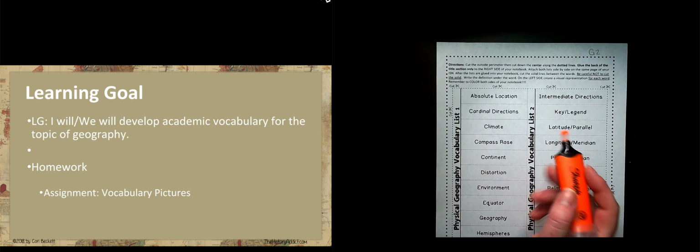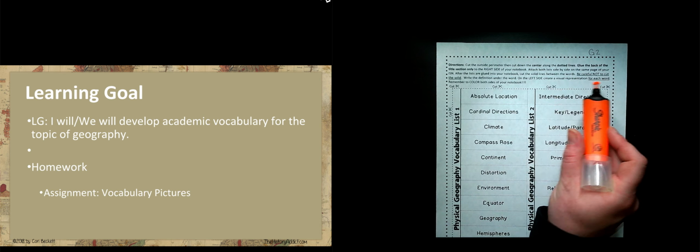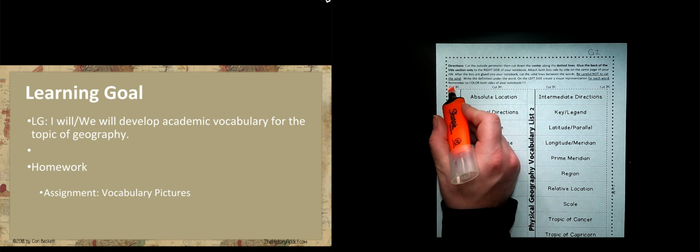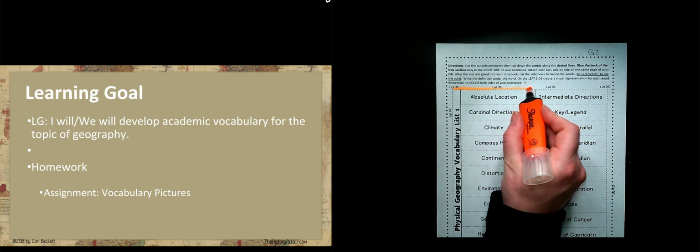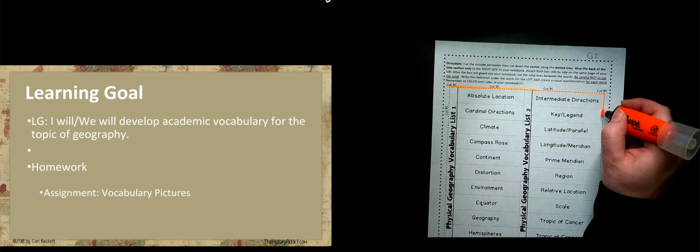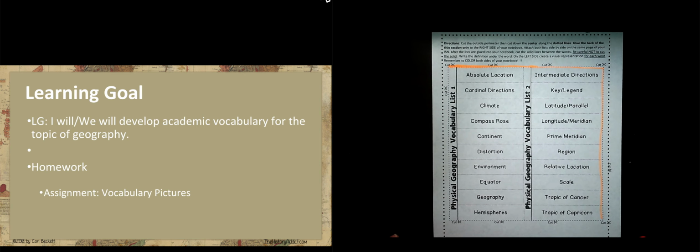After you color the entire thing, you're going to cut. You'll see up here, it says cut, cut, cut, cut. You're going to cut the dotted lines. So I'm using the highlighter to show you how to cut it. You're not going to highlight your page. You're going to cut these parts out. Cut along the outside first.